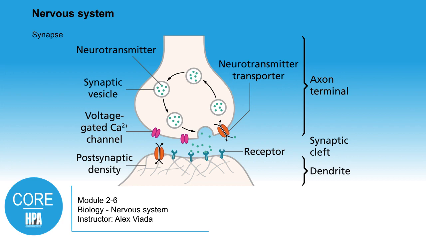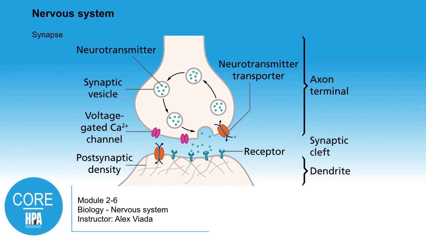Now, there are calcium channels. There are also other neurotransmitter channels. As the signal propagates down, these are no longer sodium-potassium pumps that open up at the end of the axon. These are channels that actually then transport neurotransmitters out. So rather than pumping out sodium, they pump out neurotransmitters at the end of the axon.